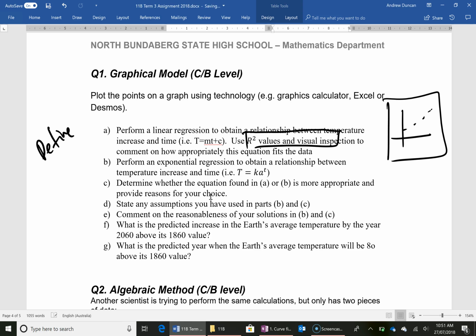Even though it tells you in the question what t and little t are, make sure you're defining the variables just for the communication. And state your assumptions, state whether it's reasonable. So is it reasonable for the Earth's temperature to be 1,000 degrees Celsius more than it was in 1860? Sorry, question? Yeah.